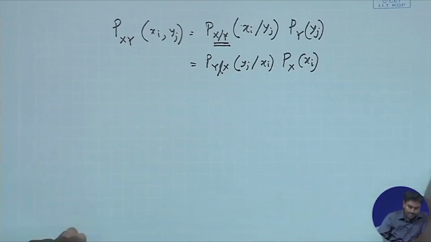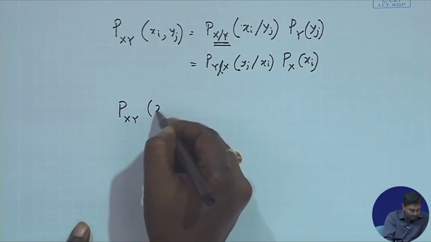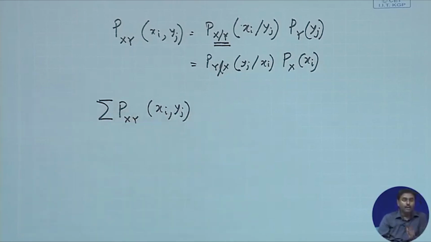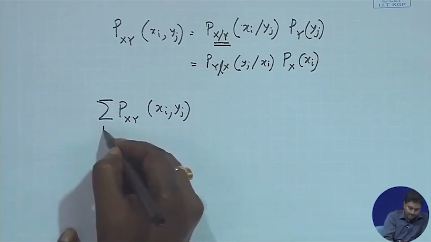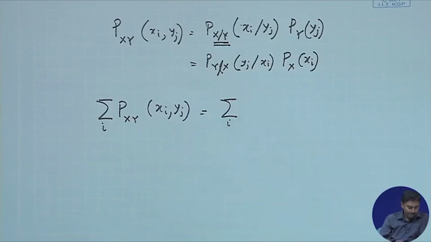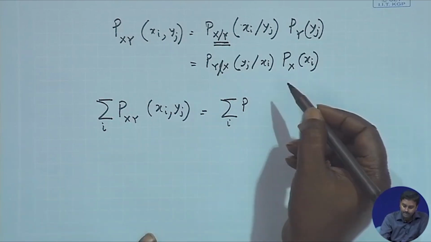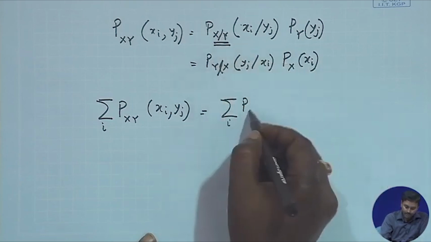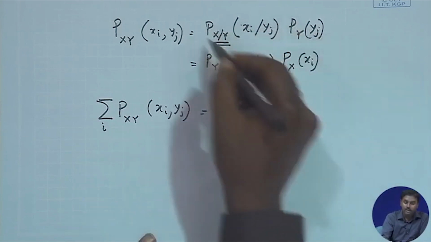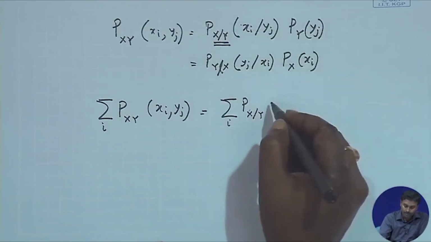So, now let us try to evaluate something like this, P(x, y), that is the joint one I am taking, and I sum it over one of them. Okay. Let us say I sum it over i. Okay. So, I will be summing P, let us take this definition, x given y. So, I am just expanding the joint probability with the conditional one.